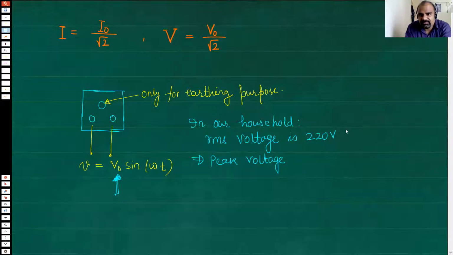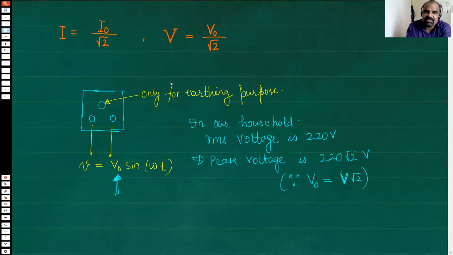Peak voltage is 220 root 2 volts. This is because V peak is equal to V RMS into root 2, because V RMS is V peak by root 2. So this voltage is 220 root 2.